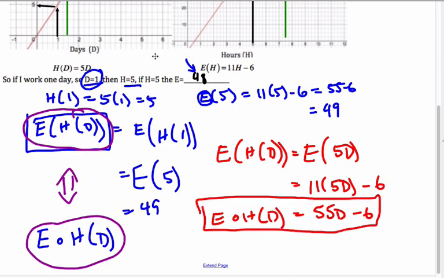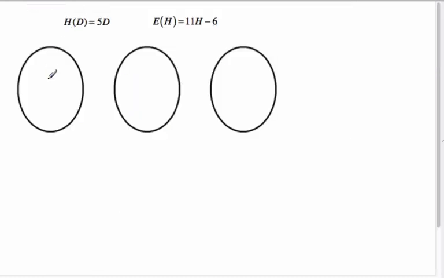If I'm trying to relate three variables, I make a function that takes the first one and goes all the way to the last one without the middle step. So, if I consider this, I could have started off with d. And then from d, I get h of d.